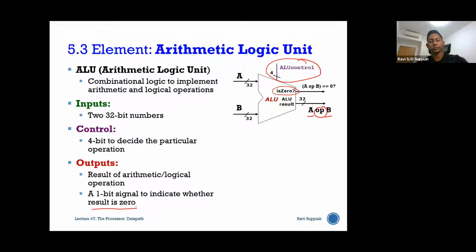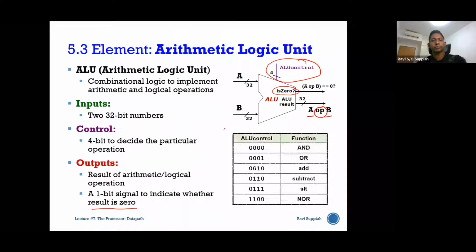This single bit that is generated is used to indicate whether the output of the operation that we have carried out is equal to 0. Why this is helpful for us is that it helps us in making the branch decisions later on, so we will look at that.